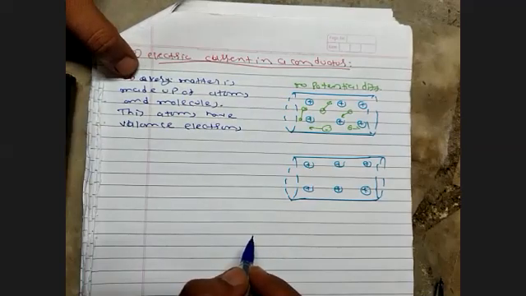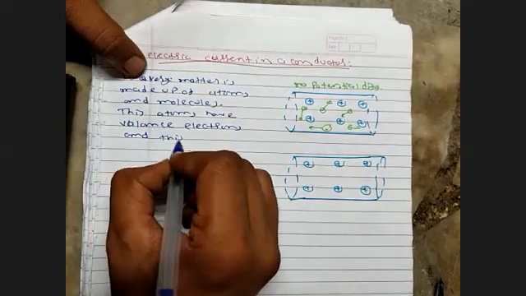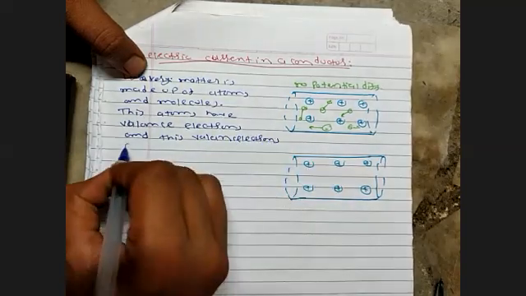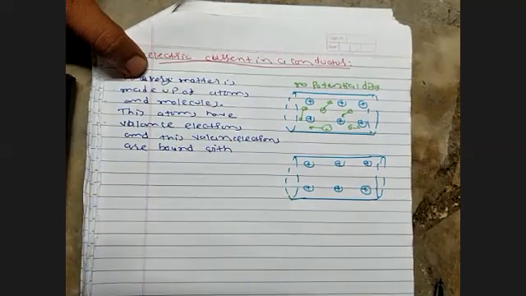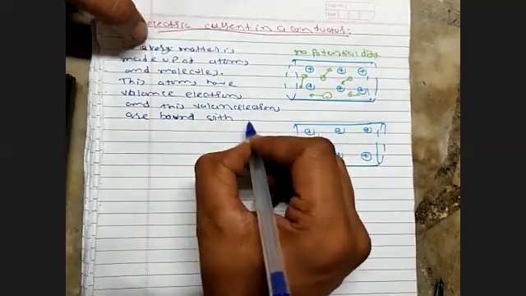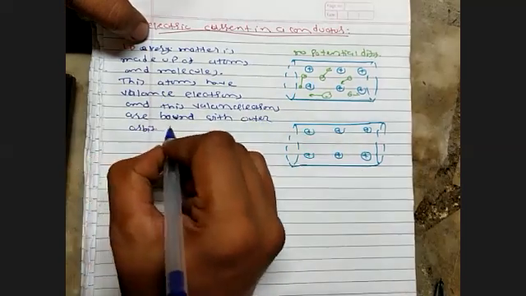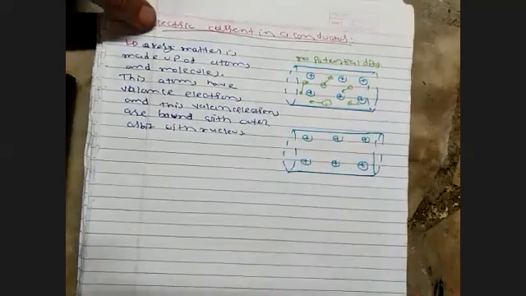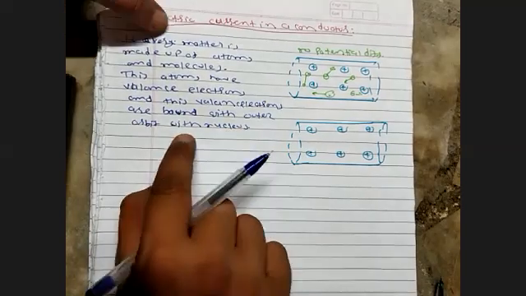These valence electrons are bound with the outer orbit with the nucleus.